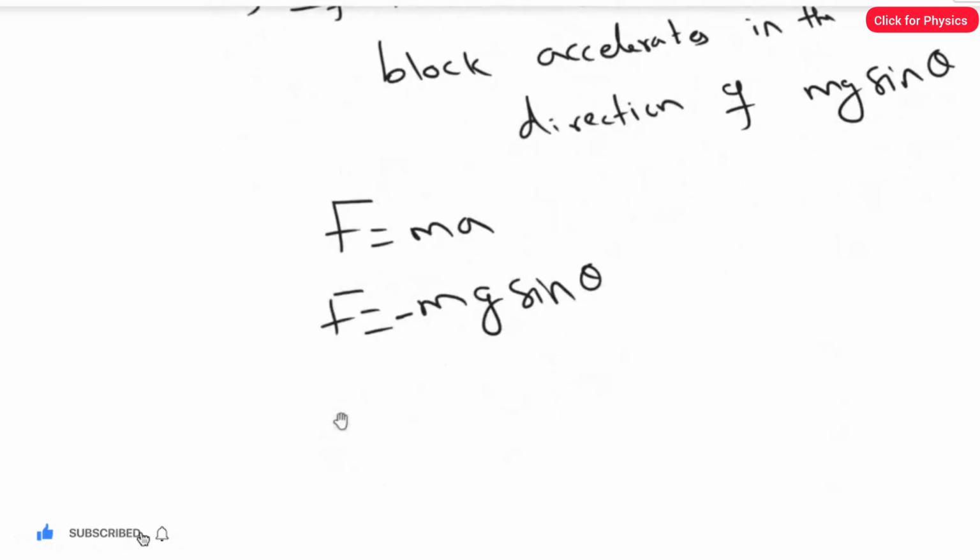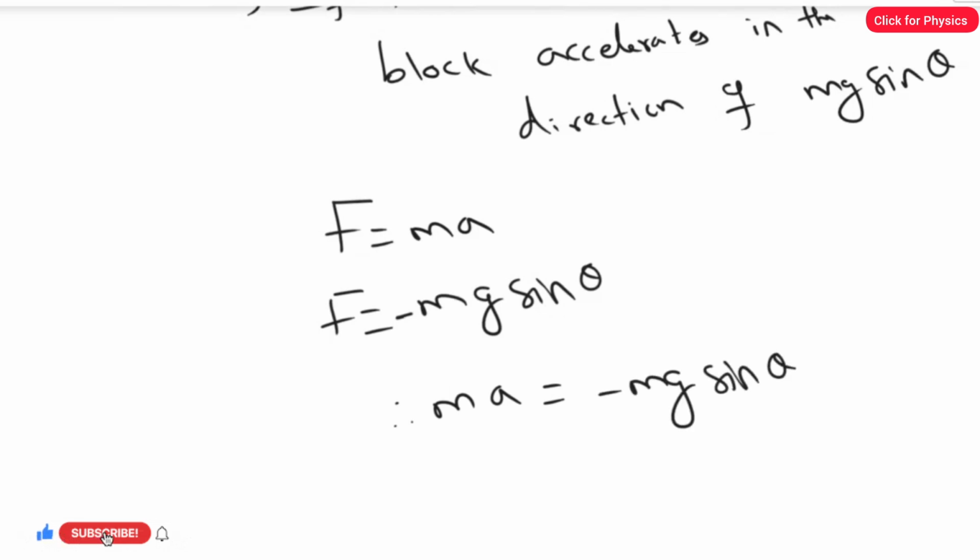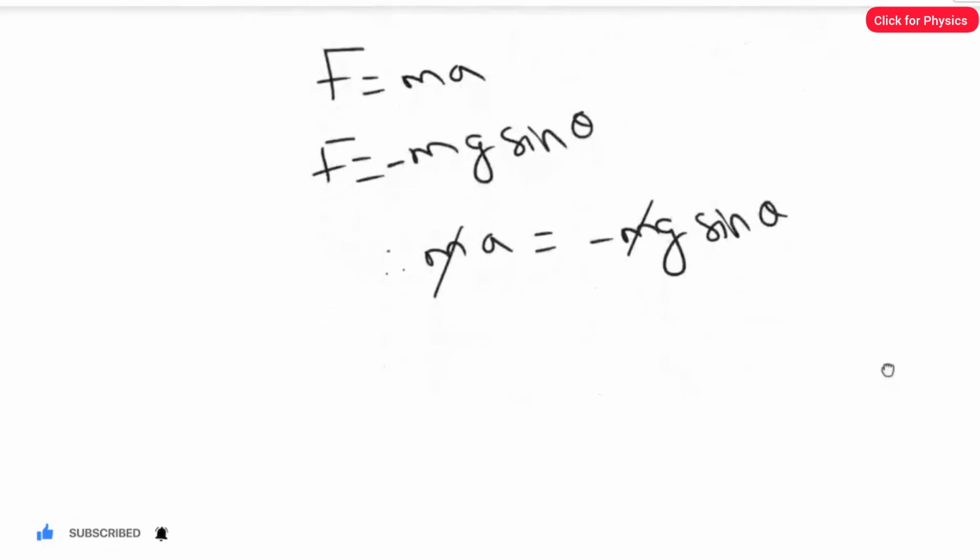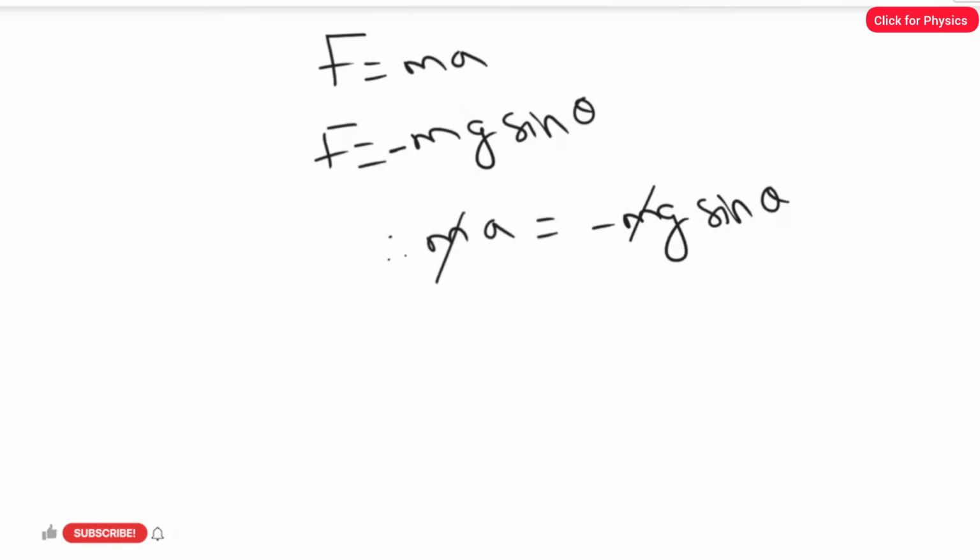Now the left sides of the two equations are the same, so we can equate the right-hand sides. Therefore, m multiplied by a is equal to minus mg sine theta. We can cancel the mass on both sides, and then what is remaining? We got the equation for acceleration: a equal to minus g sine theta.